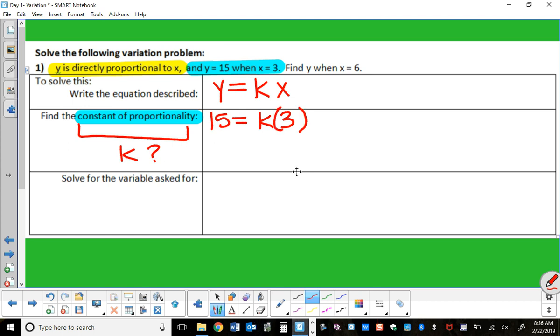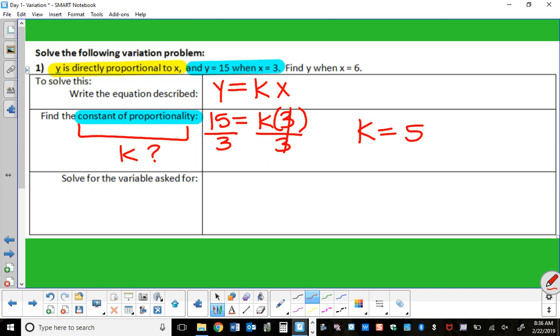It's all being multiplied. How do I get k by itself? Let's divide by 3 on both sides. So I'm left with k is equal to 5.